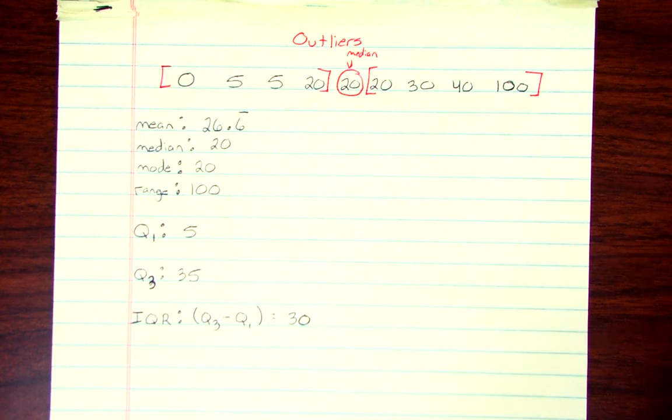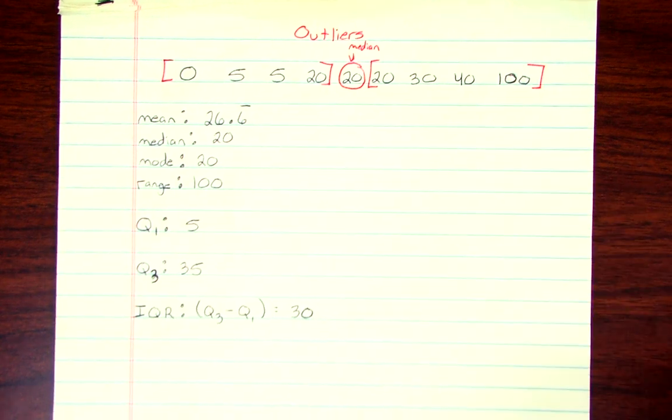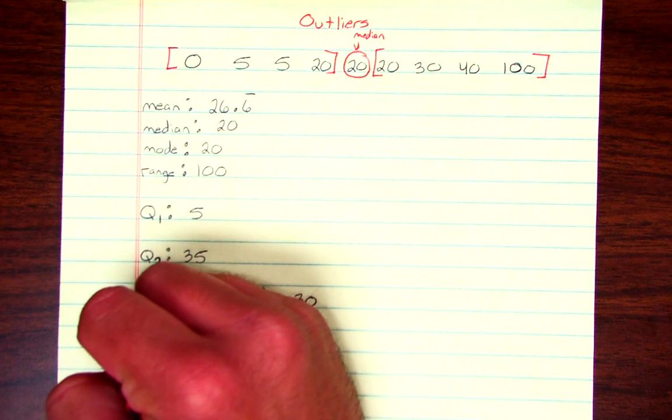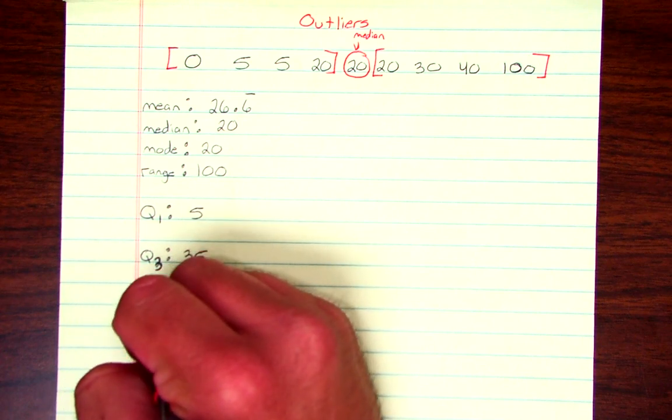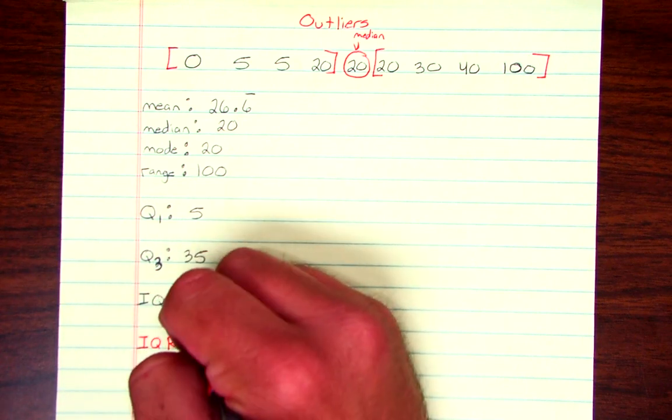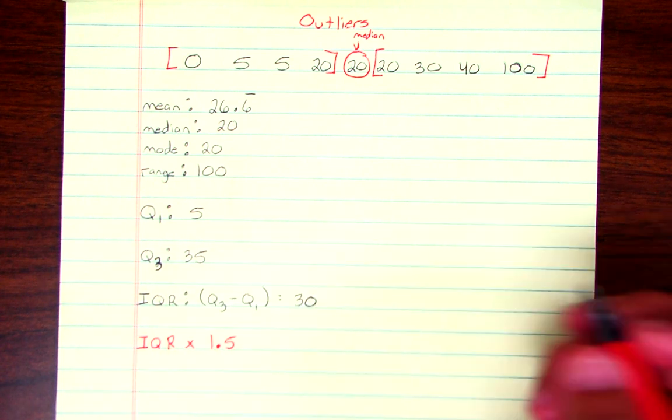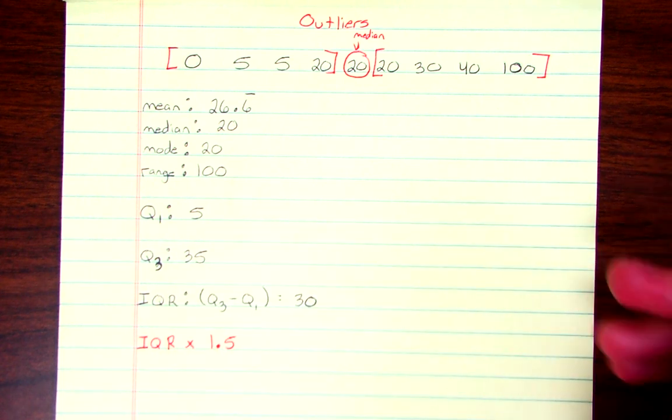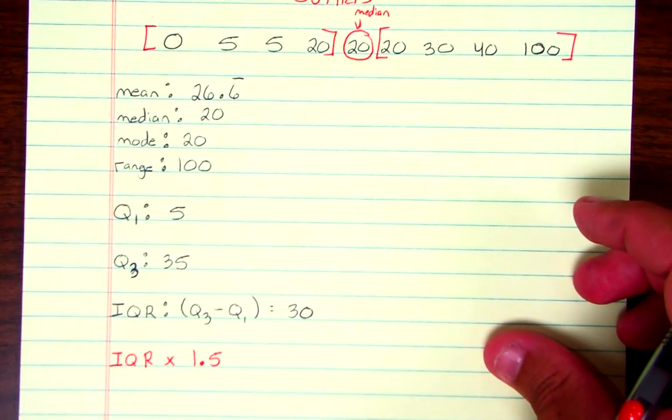From here, if I'm trying to figure out the outlier, we have to use this formula. You take the IQR, and you have to multiply it by 1.5. And that's going to give you something called the product.